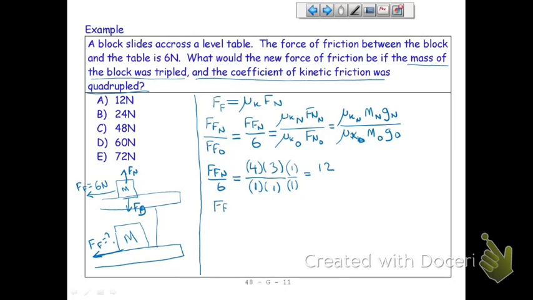FF new over 6 equals 12. So FF new is equal to 12 times 6, which equals 72 newtons. There's your answer. And I can't tell you how many people stumble at that last little step.